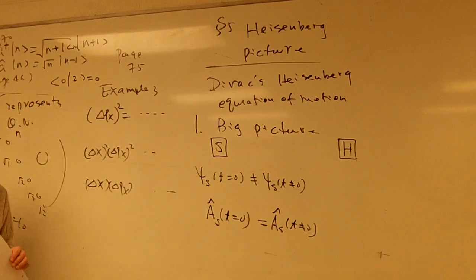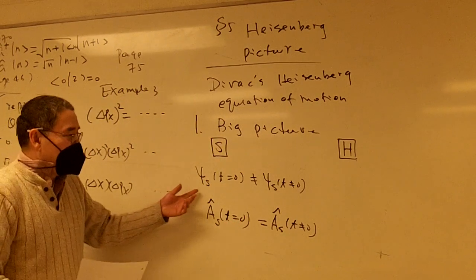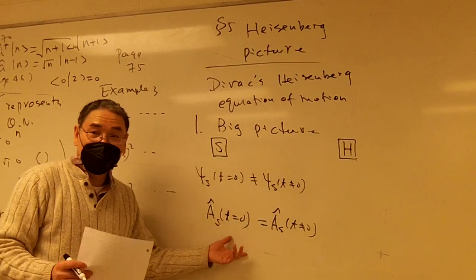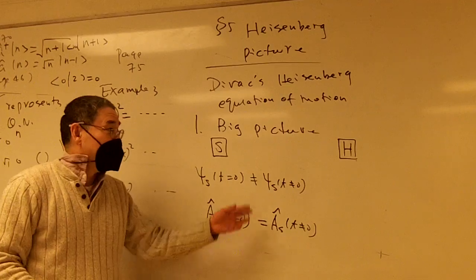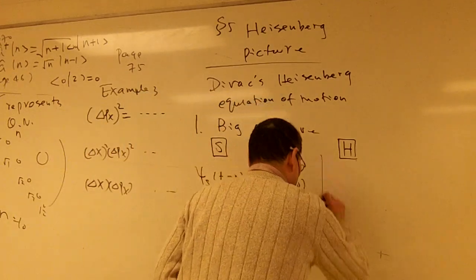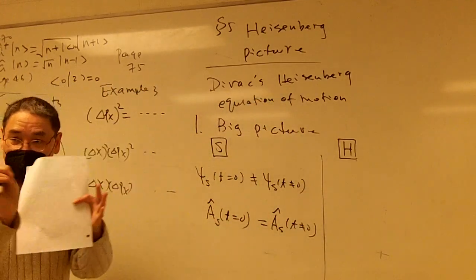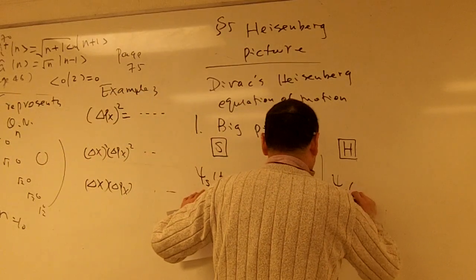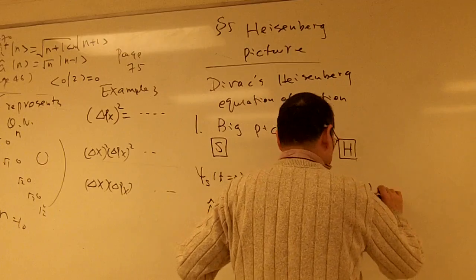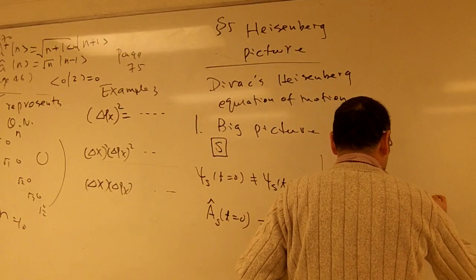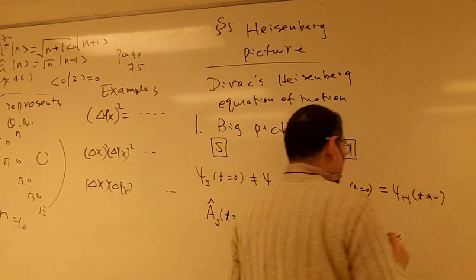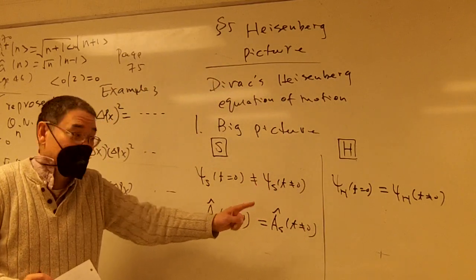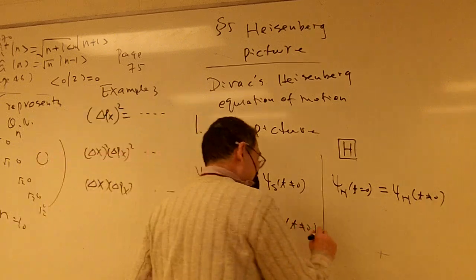I'm not sure whether I confuse you guys. In other words, the wave function is time dependent and the operator is not time dependent. While the Heisenberg picture swaps these two. Its wave function is not time dependent, but its operator is.